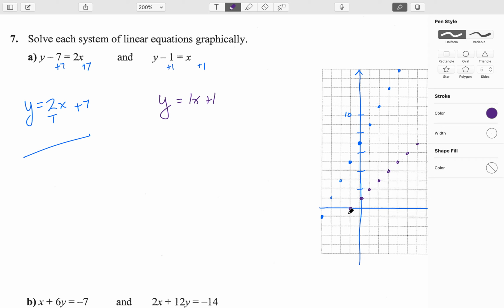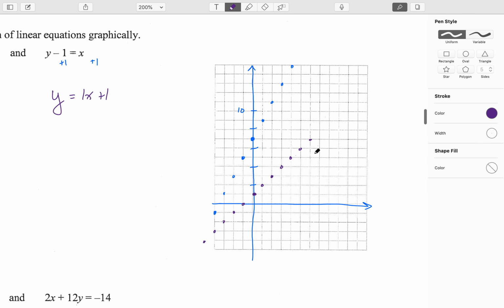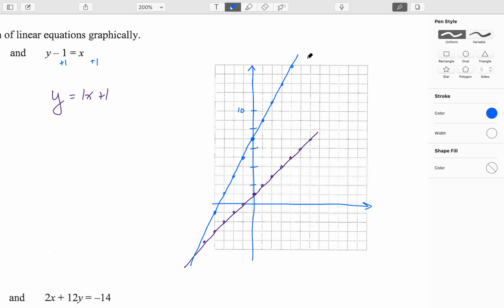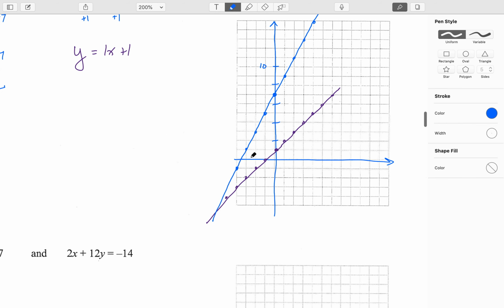Oh, so this one's going to meet, I really should have moved my graph over. So there's this line. And where's my blue line? There's my blue line. I should have centered my graph. But hang on, let's see if I can continue this one on.